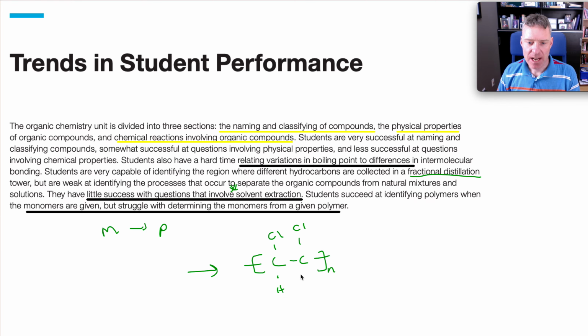Okay, and you might be asked, what is the monomer, A, B, C, or D? So we've got to work backwards. We've got 2 carbons in our monomer, and then you just need to lock things in place and be careful not to move those Cls around. They're not on the same carbon, so we have to keep them in our monomer on different carbons.